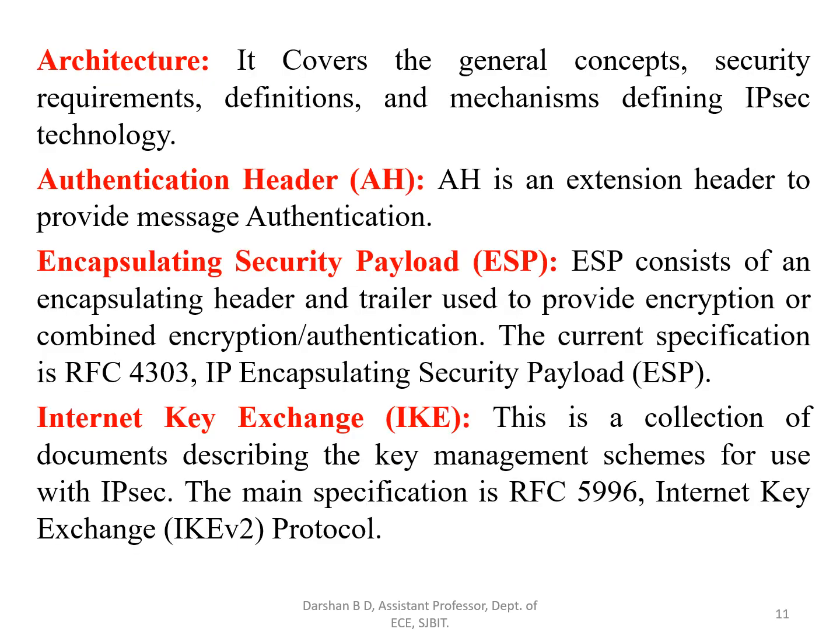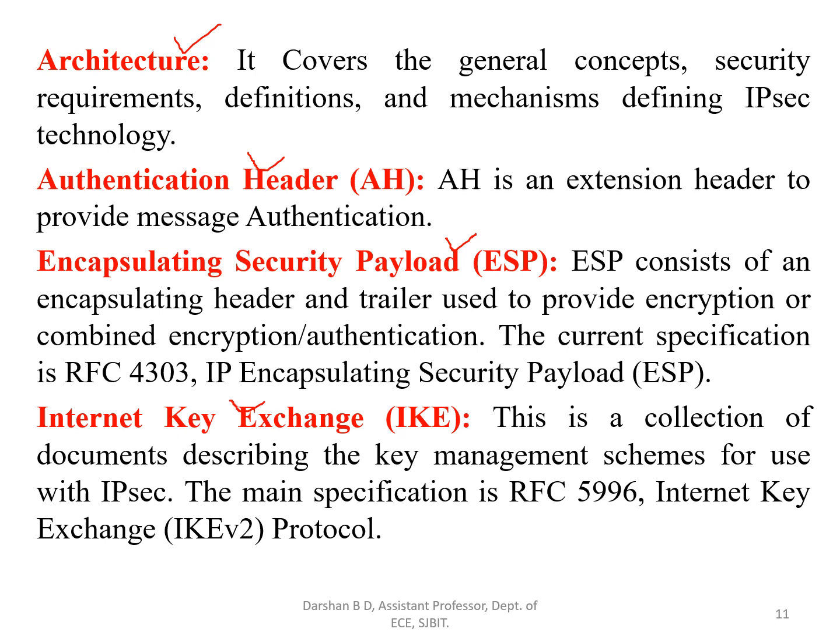Here you can observe the architecture, authentication header, encapsulating security payload, and Internet Key Exchange. The architecture covers the general concepts, security requirements, definitions, and mechanisms defining IP security technology. Authentication header is an extension header to provide message authentication. Encapsulating security payload consists of a header and trailer part.